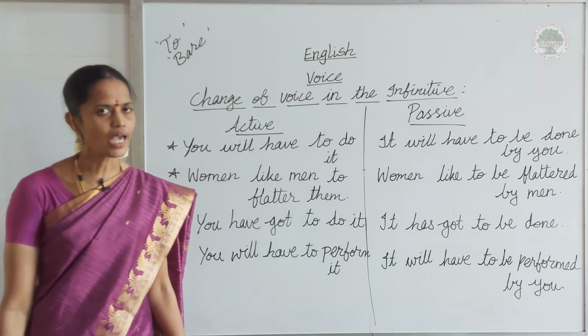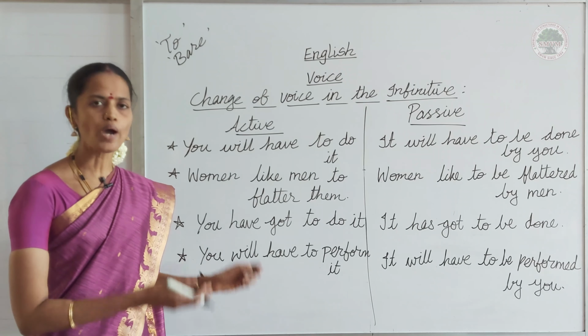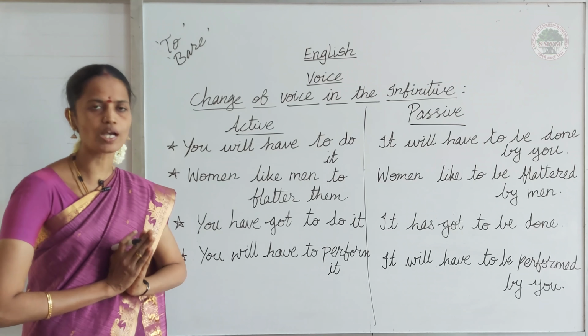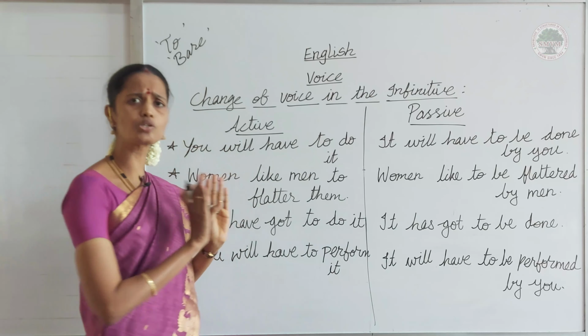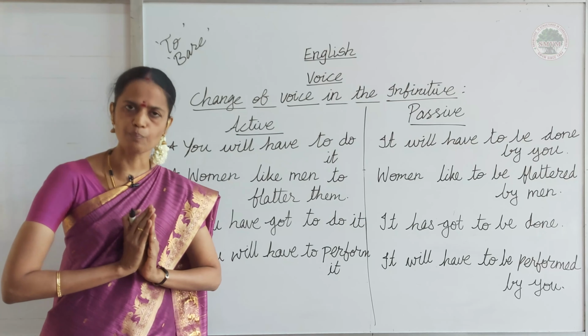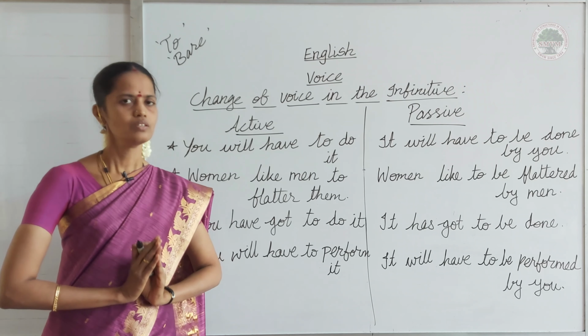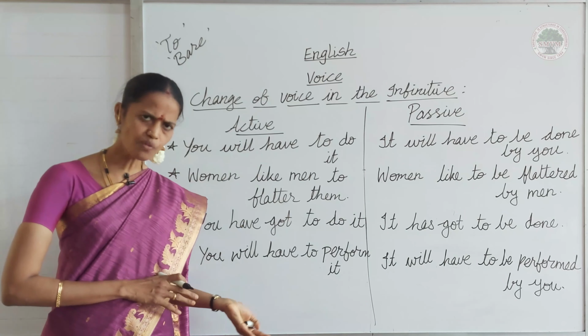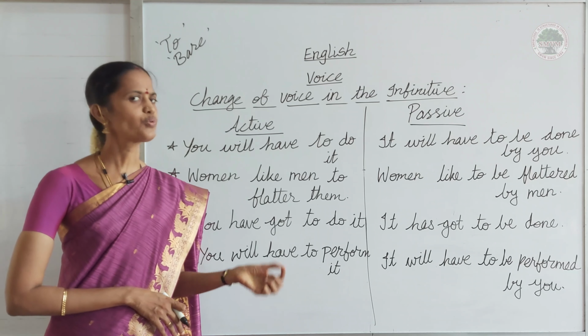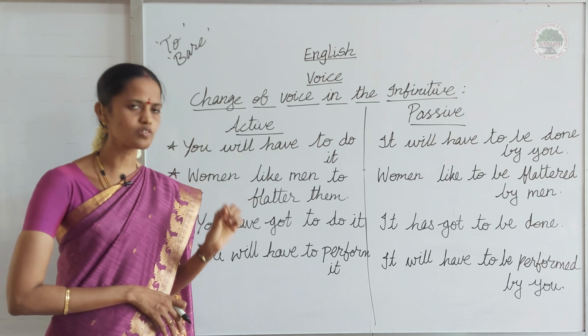Now I am going to explain where we have to make the change while we are changing active voice into passive voice. We should not make any changes in the main verb. Then where do we have to make the changes? We have used the rule for the future tense.